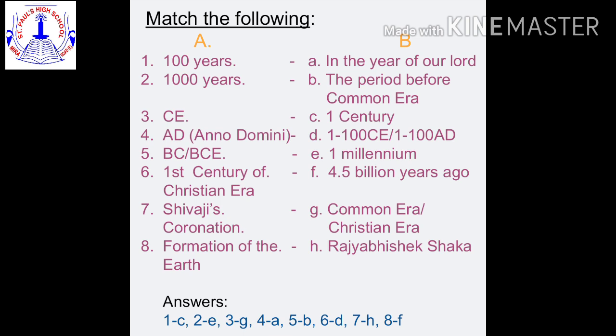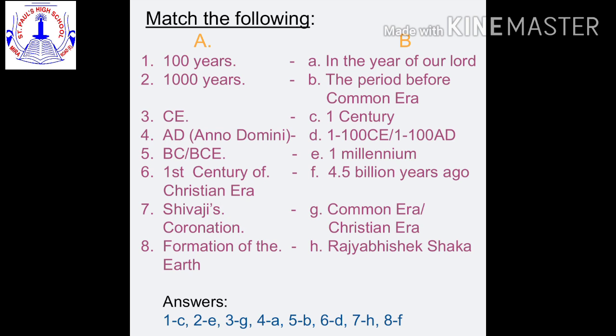First one, 100 years. The answer is option C, 1 century. Second one, 1000 years. The answer is option E, 1 millennium. Third, CE. Answer is option G, common era or Christian era.